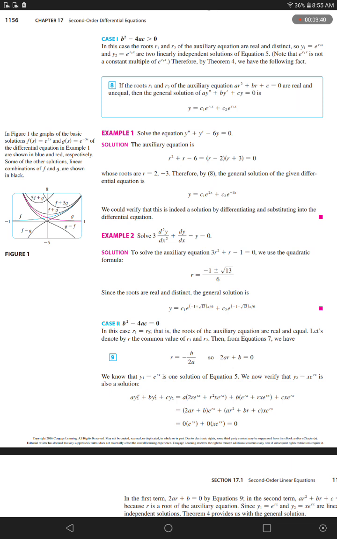Since the roots are real and distinct, the general solution is y equals c sub 1 times e to the power open negative 1 plus the square root of 13 close times x over 6, and that's also part of the exponent, plus c sub 2 times e to the power open negative 1 minus the square root of 13 close x over 6.